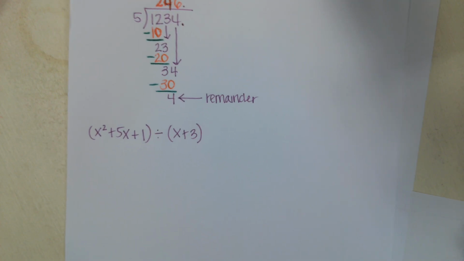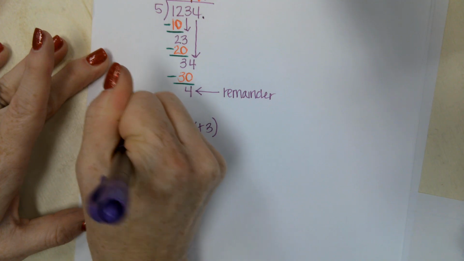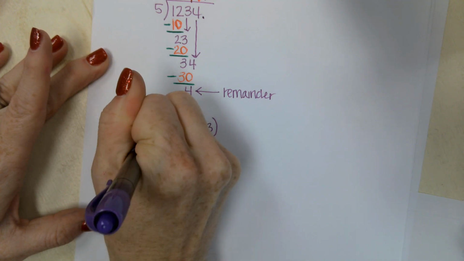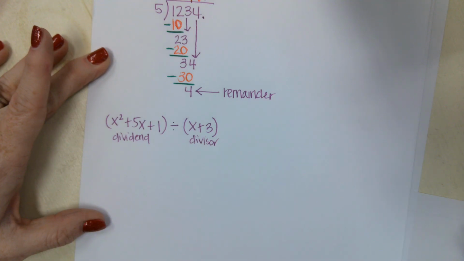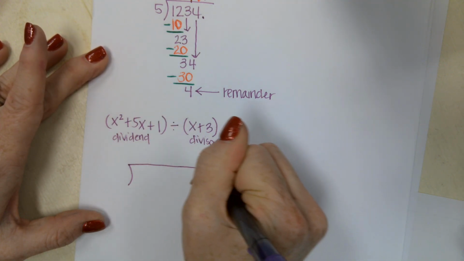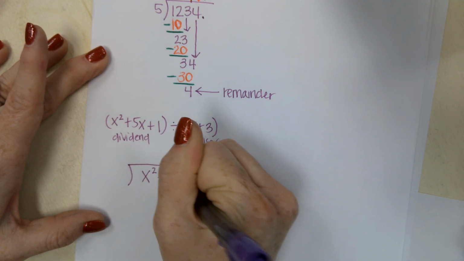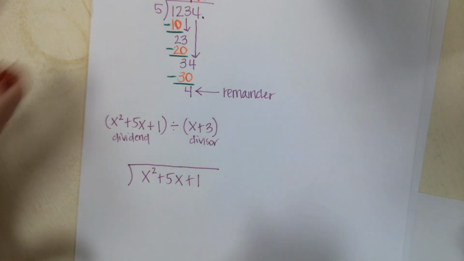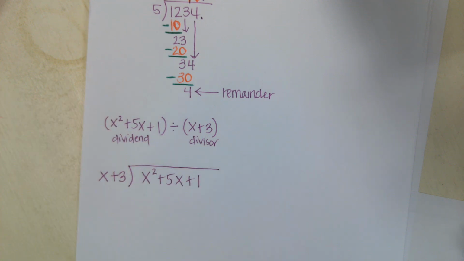Now, this is what I call my dividend, and this is my divisor. Okay? My dividend goes on the inside, and my divisor goes on the outside.